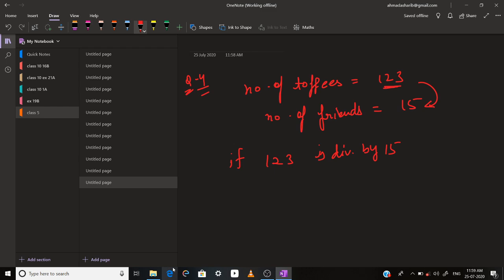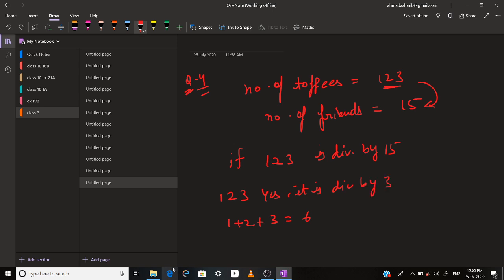So first we will check if 123 is divisible by 3 or not. 1 plus 2 plus 3: 3 plus 2 is 5, 5 plus 1 is 6. So 6 is divisible by 3. So yes, 123 is divisible by 3.